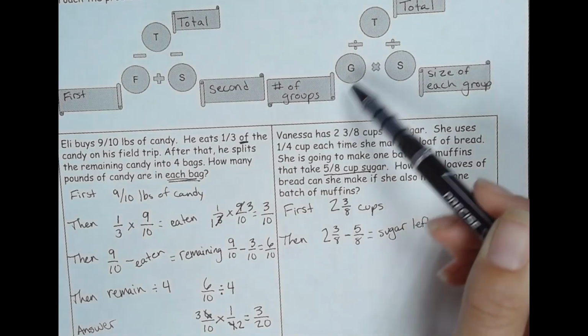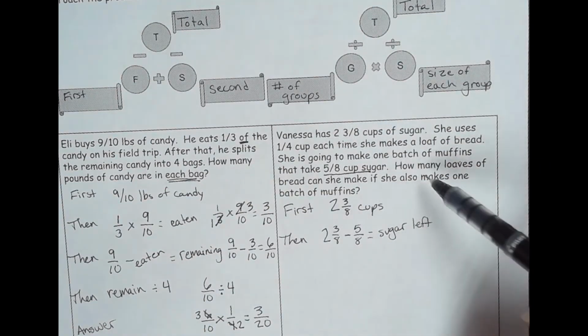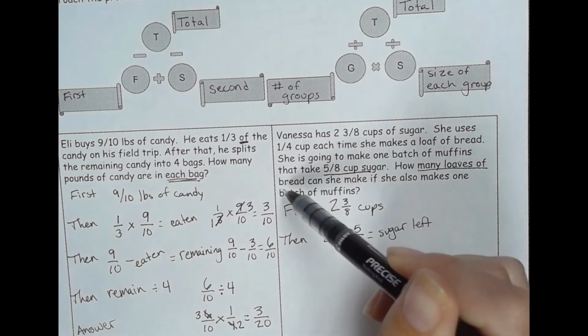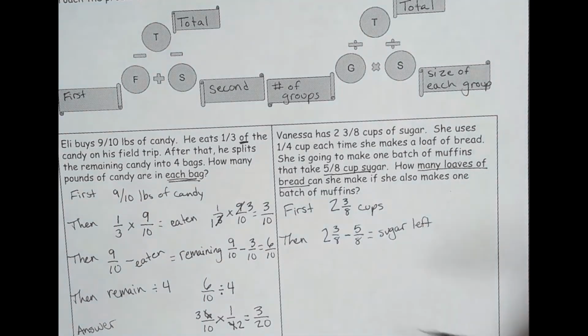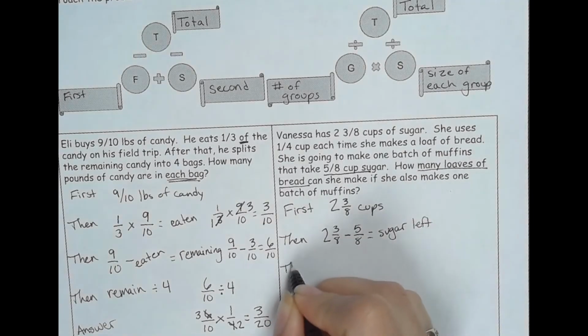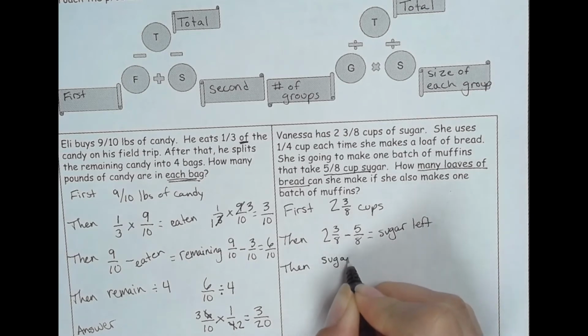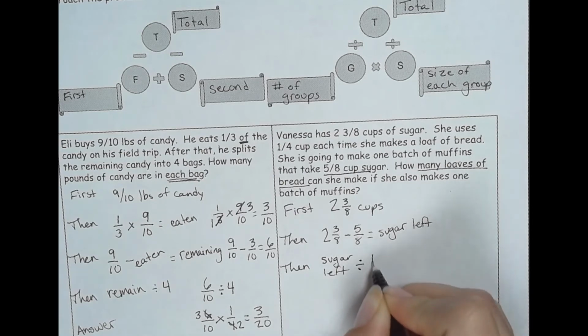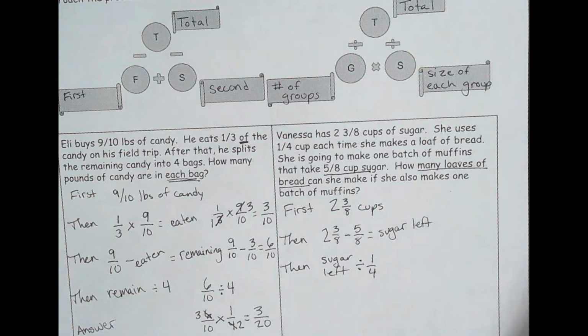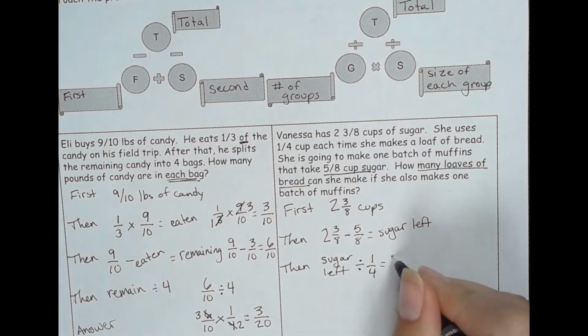So the number of groups is the number of loaves, and that's what we're looking for, is how many loaves of bread she can make. So then I'm going to take the sugar left, and I'm going to divide it into groups of 1/4, and that will tell me the number of loaves.